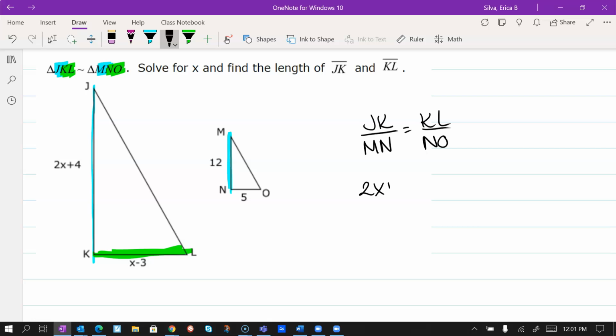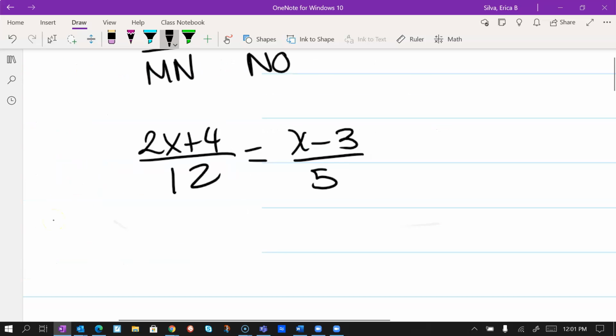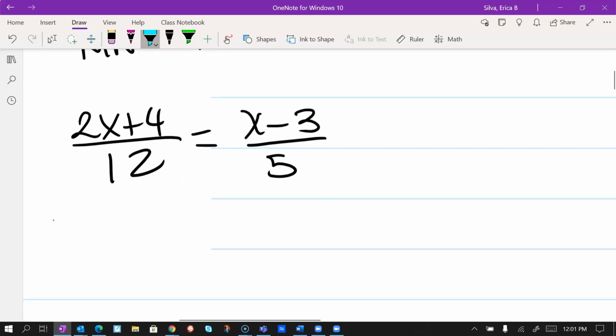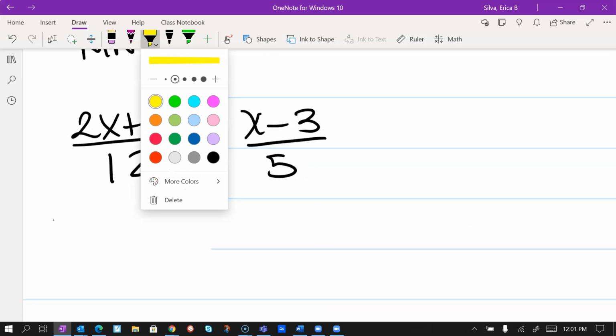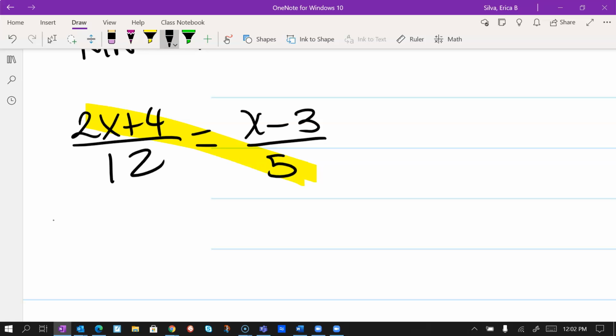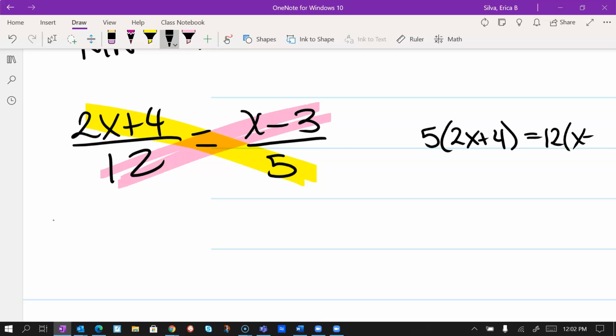We've got 2x plus 4 over 12. There's nothing we can simplify, so all we have to do is cross multiply and solve. When we multiply these two, we get 5 times 2x plus 4 equals 12 times x minus 3.